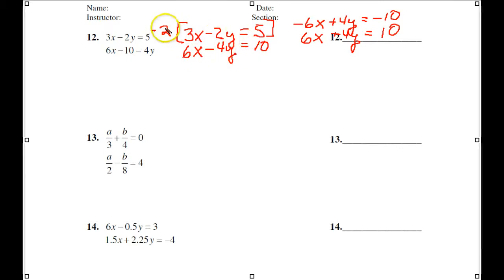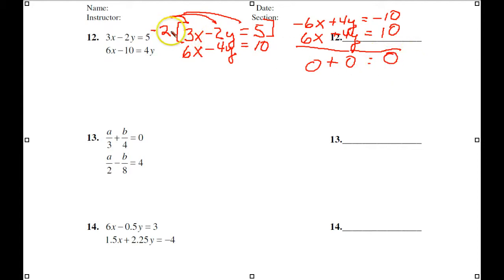If I multiply this top by a negative 2, it'll change the signs. But notice what happens. I end up with exactly the opposite. So this cancels out, this cancels out, and this cancels out.